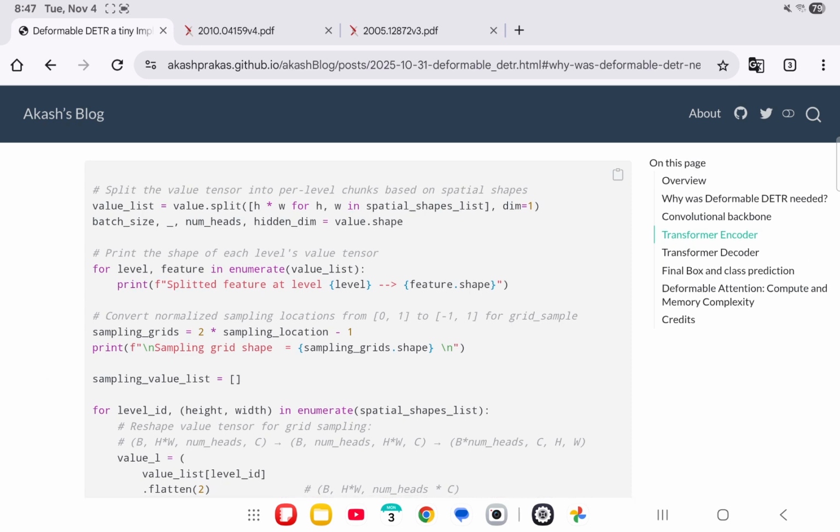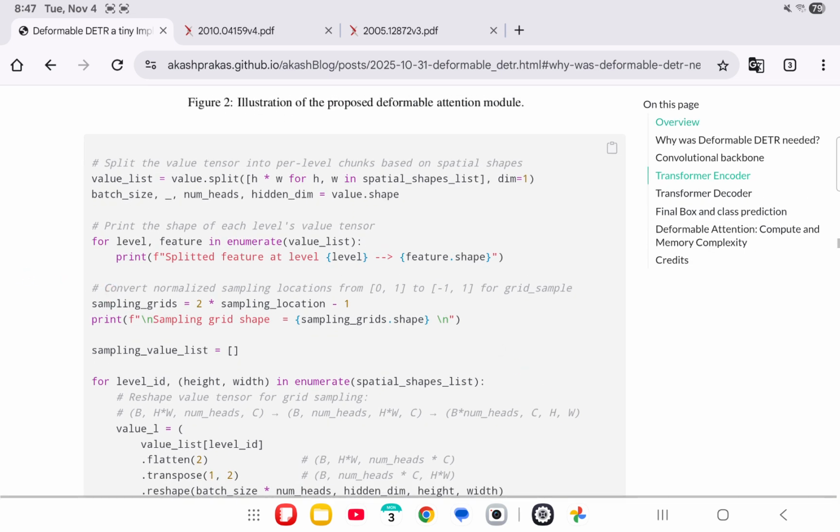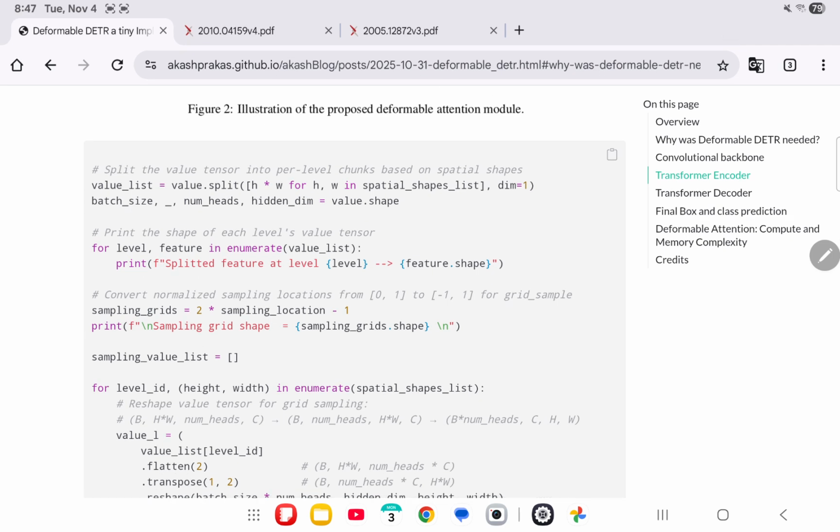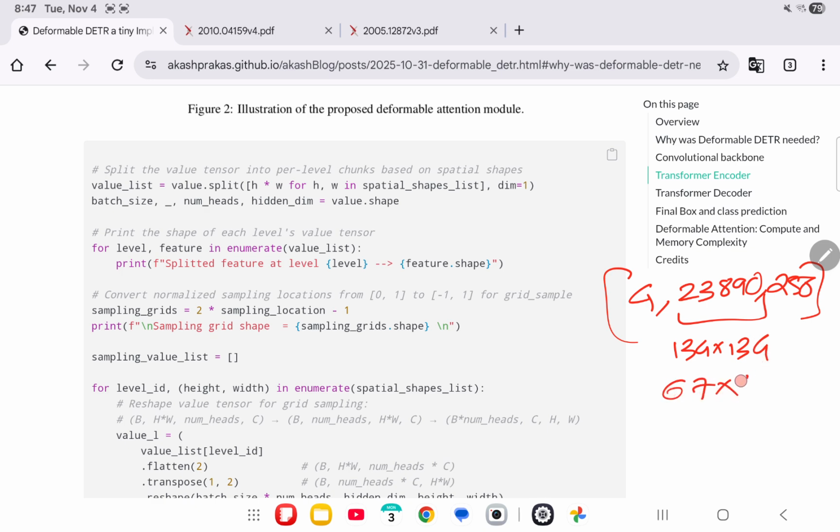Initially, we have the value vector. So what is the value? The value is actually 4 comma 23890 comma 256, right? So this value is around different features.